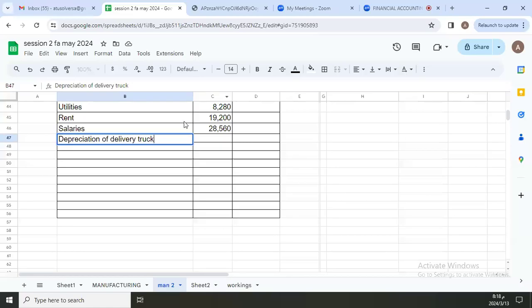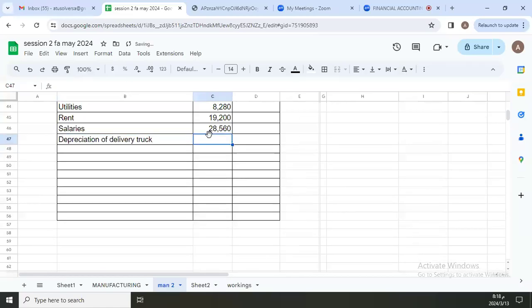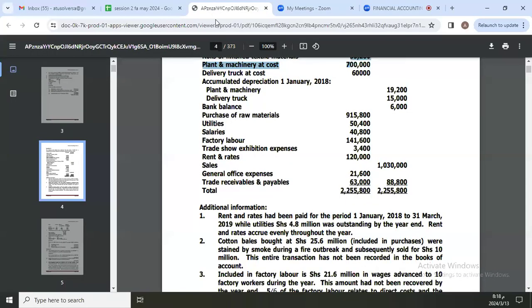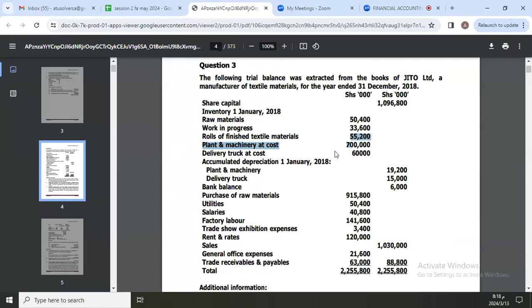So we come here, we say depreciation of delivery truck will be equals to, we open brackets, you take the cost of how much? 60,000.